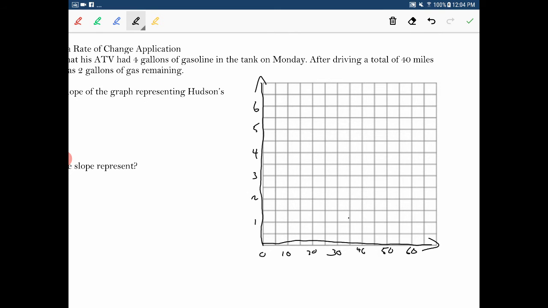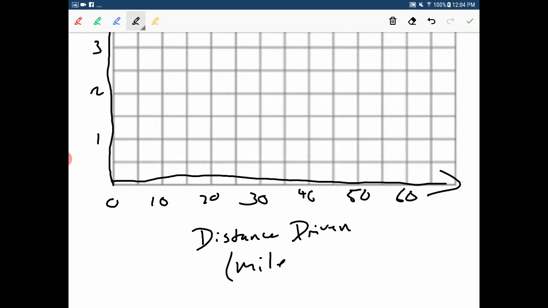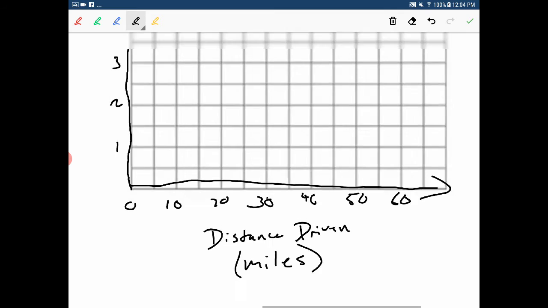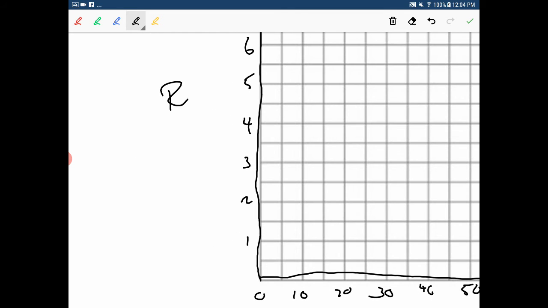And of course we have to label this, so we will label this distance driven, and that was measured in miles. Okay, and then we had remaining gas, and that was in gallons.